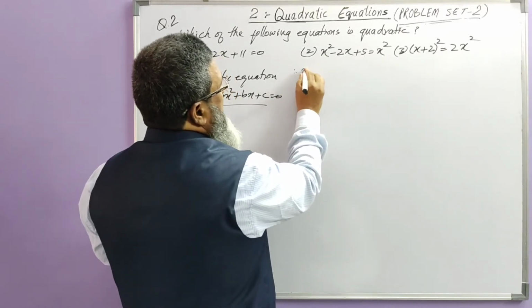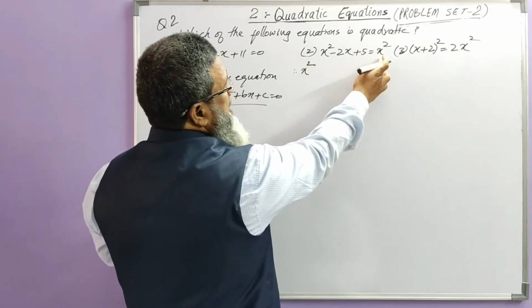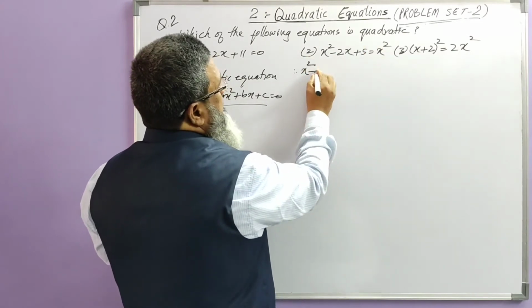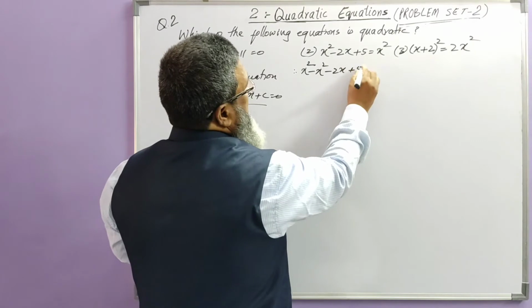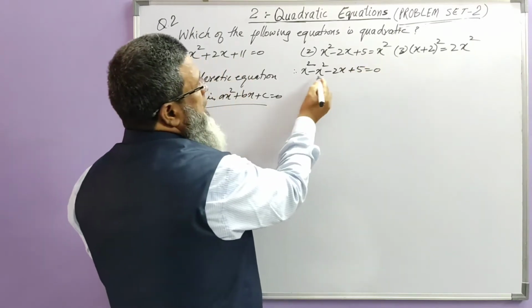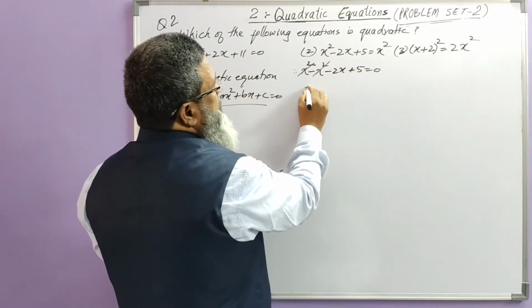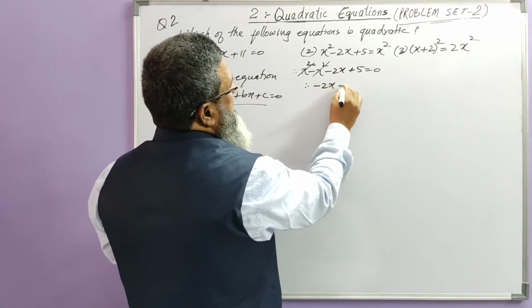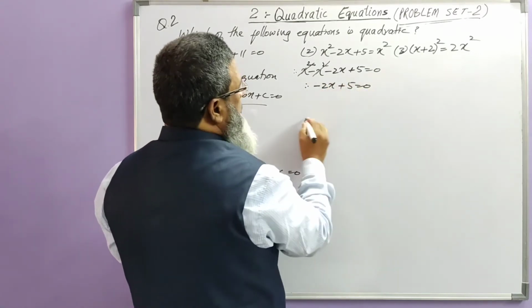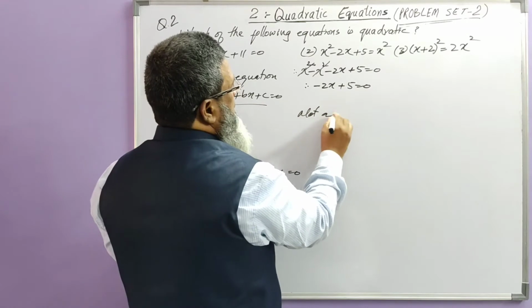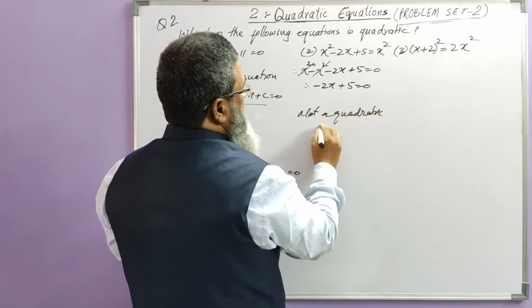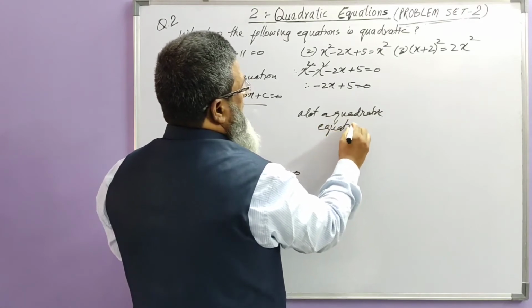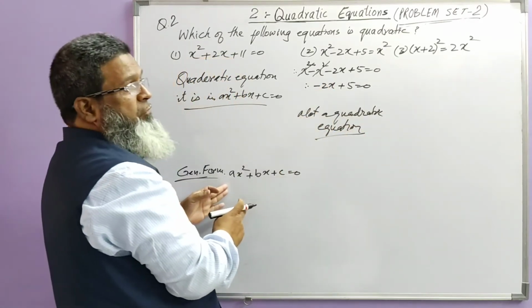Just try to solve. Take this x square from right side to left side, x square minus x square minus 2x plus 5 is equal to 0. x square minus x square gets cancelled, so this is minus 2x plus 5 is equal to 0. It is not a quadratic equation because it is not in the general form.